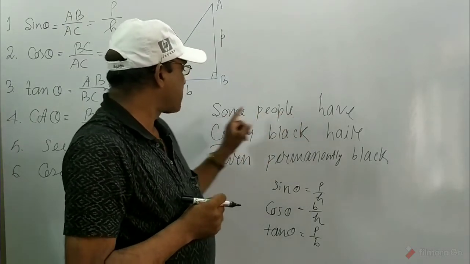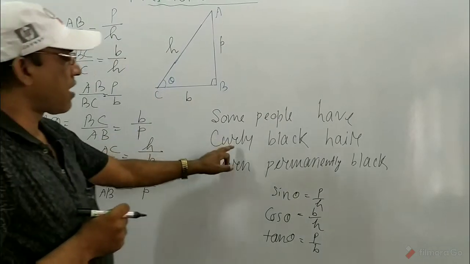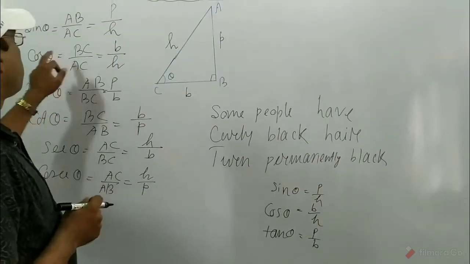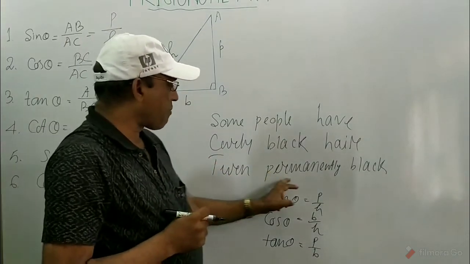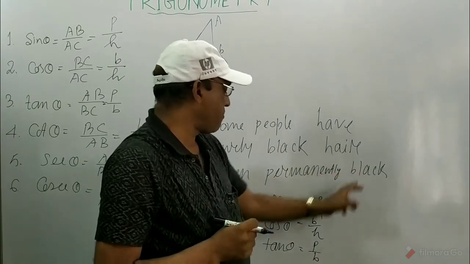Some people have: sin means P by H. Curly black hair: cos means B by H. Turn permanently black: T means tan, and P by B is tan.